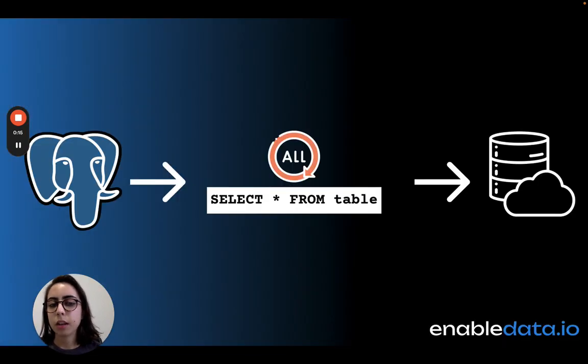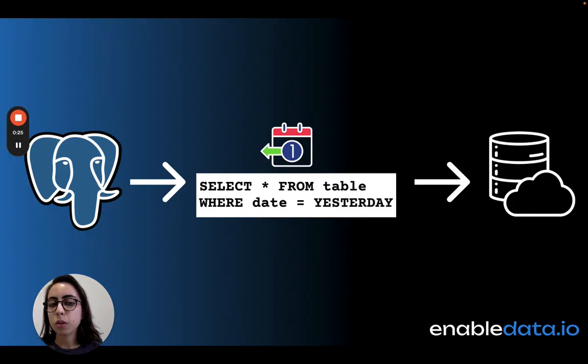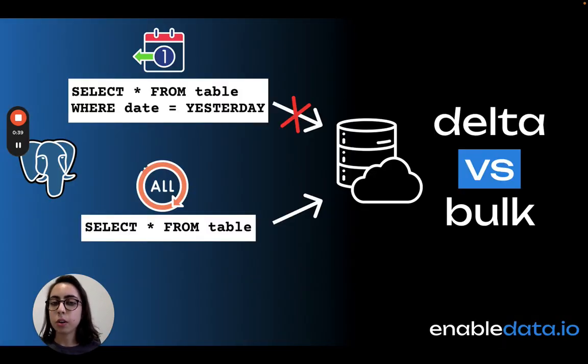When we do that, we may use bulk strategies, select all of the data and bring it every day to our data platform, or Delta jobs, which, based on a granularity, like daily granularity, will get the data that changed yesterday, for example, and bring only that to our data platform. In this video, I'm going to define and compare both, and then we'll see the possible issues with both approaches.